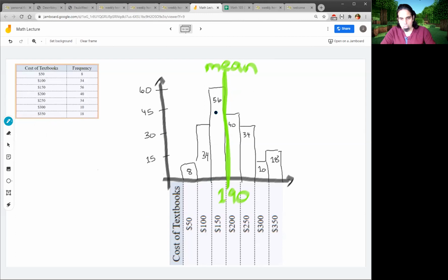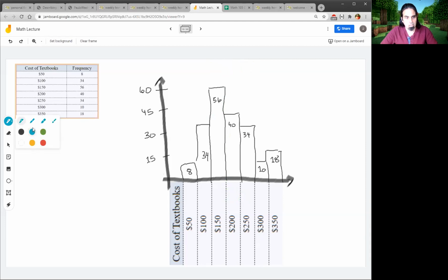So the 150s were off by 40. $150 compared to 190. The 200s were off by only 10. Let me redraw that then so it looks better. I haven't done this in a very long time.